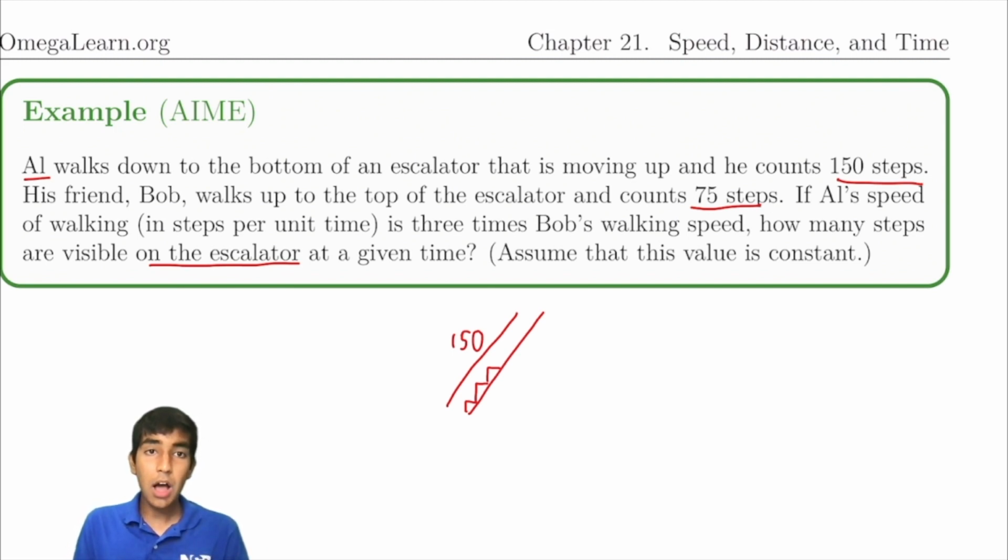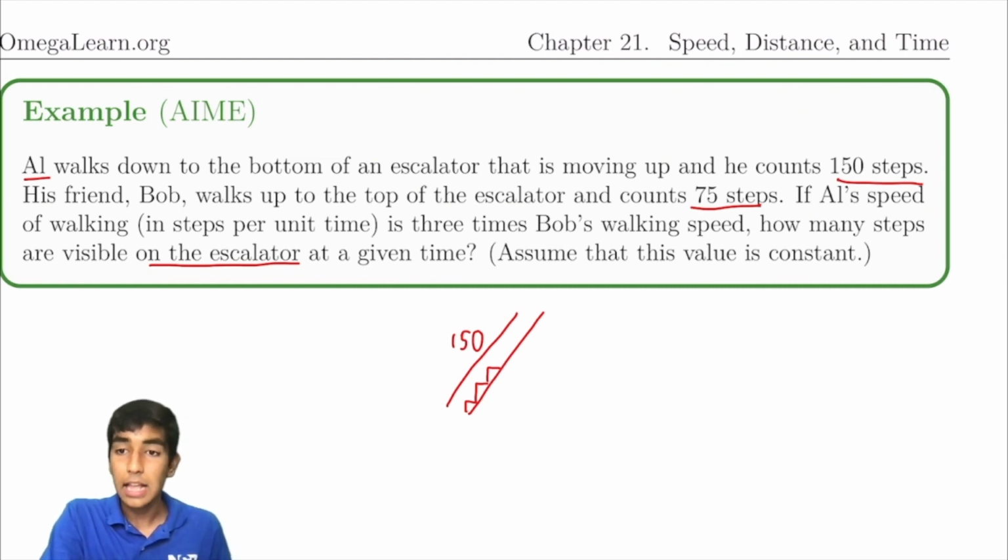But his friend Bob walks up to the top and only counts 75 steps. So what does that really mean? That's the tricky part of this problem. What does it mean where there's 150 steps being counted versus 75 steps being counted?